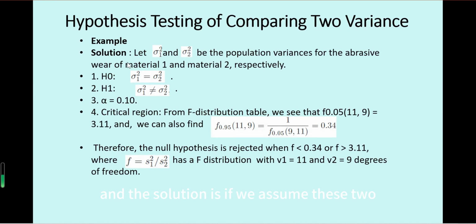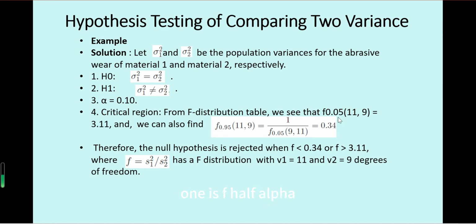And the solution is, we assume these two population sigma squares are equal, and we form the alternative hypothesis H1 that sigma square 1 is not equal to sigma square 2, and we set alpha to 0.1. This means it is a two-sided test, and we will get two critical values.